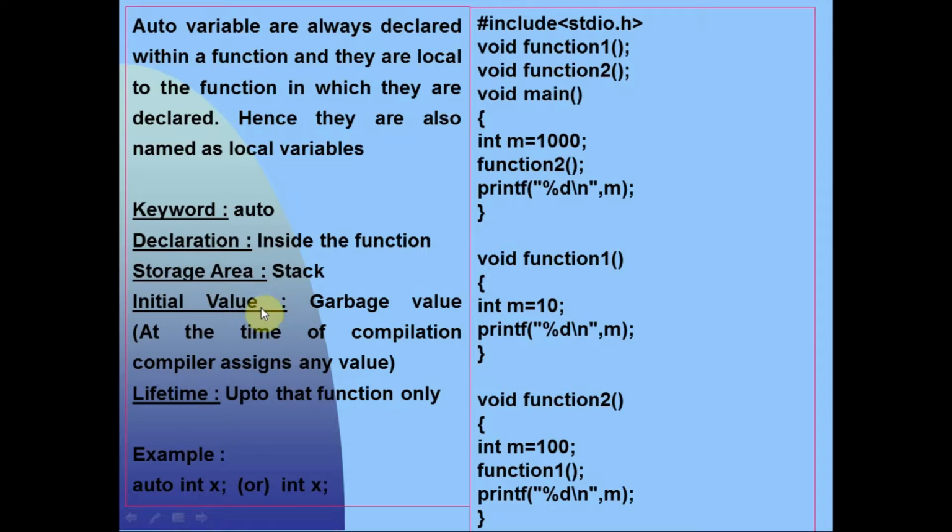Initial value: garbage value; at the time of compilation, the compiler assigns any value. Lifetime: up to that function only. For example, auto int x, or int x. It's an example for an auto variable.